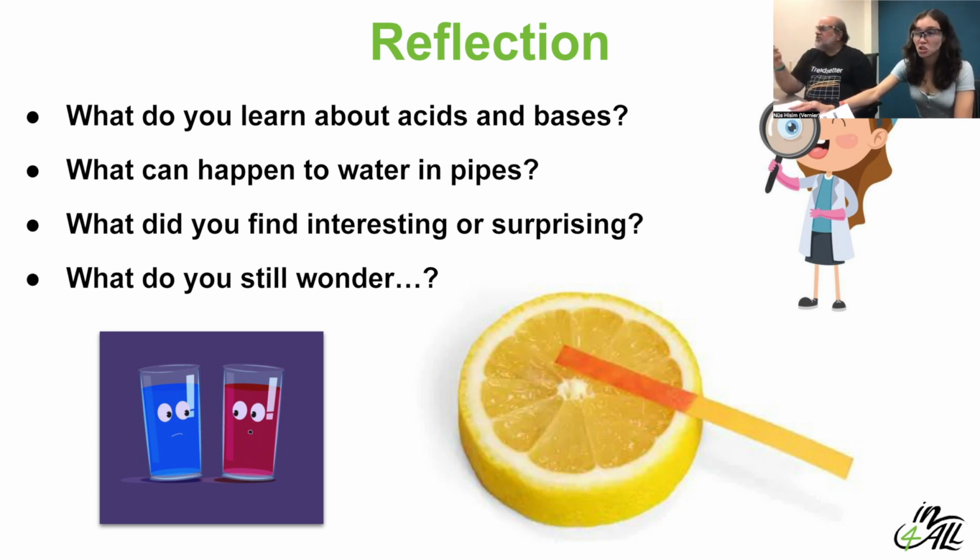What was interesting or surprising? I hope that the bubbling gets a response. That can be a fun thing. Is there anything we didn't talk about that you have a thought about related to acids and bases? Is there some other test or experiment that you can think of that we might be able to do?